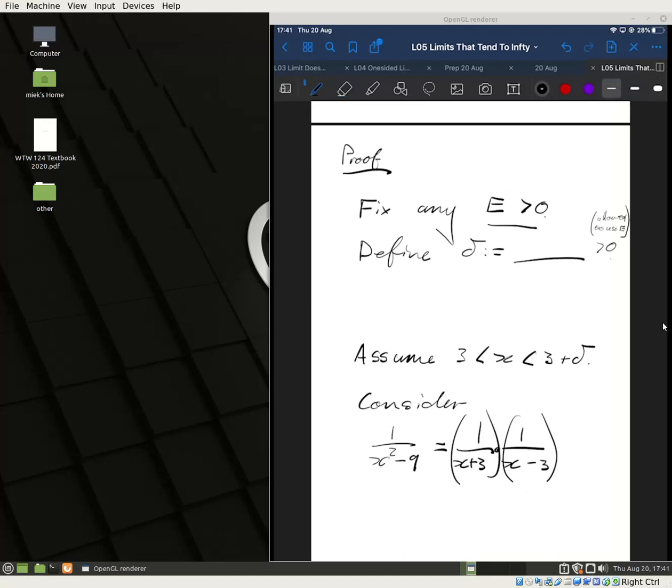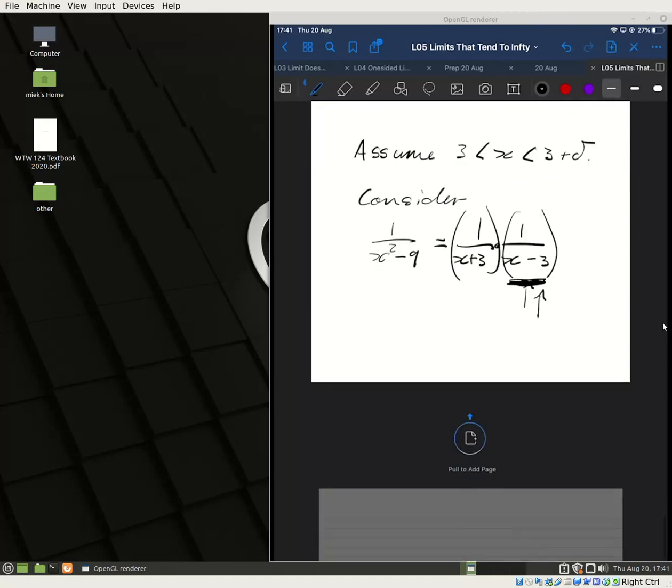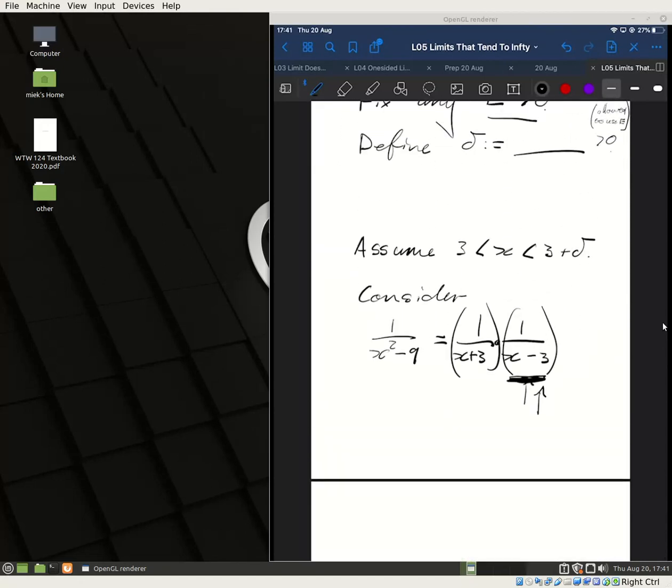And we see here this thing, as x tends to 3 from the right, if we are close to 3 but not quite, then this factor becomes very large. The problem is here with this other factor.